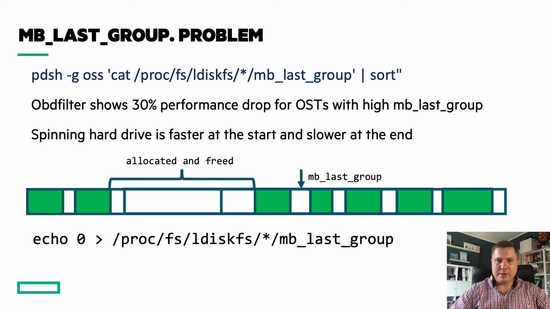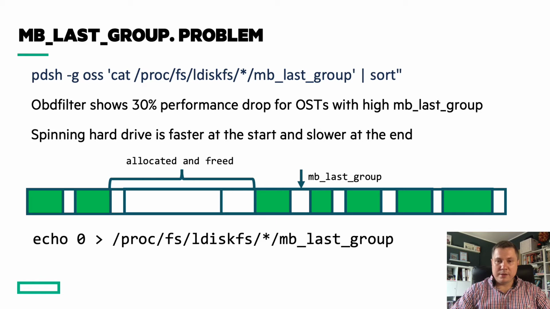So customers even see a 1/3 performance drop for OSTs with high mb_last_group. What is the solution in this situation? The simplest one is just to set this value to 0. So the pointer is now set to the start of the disk, where data can be read and written faster.